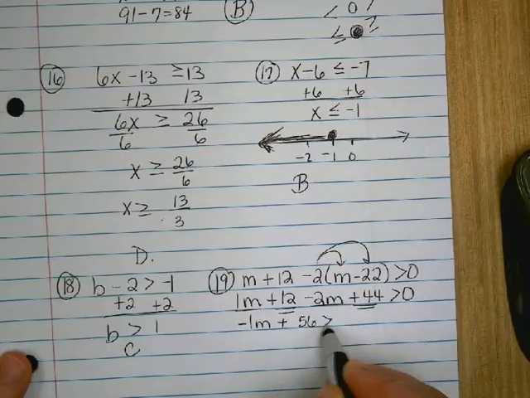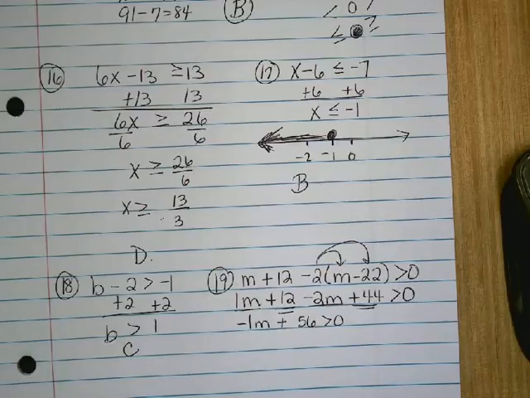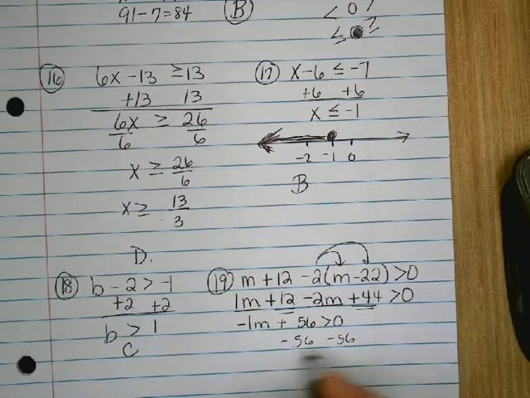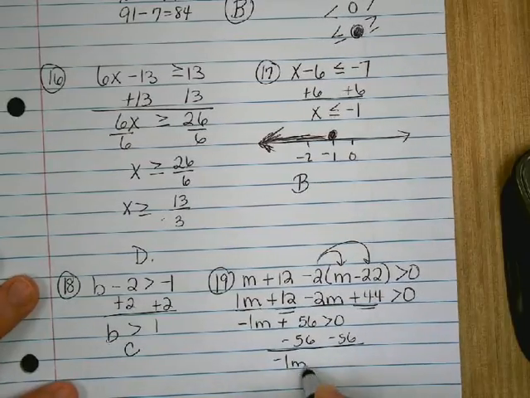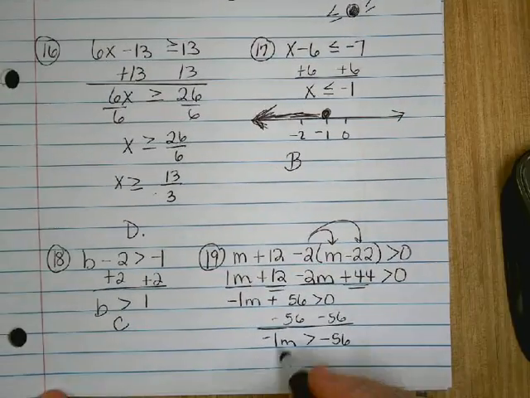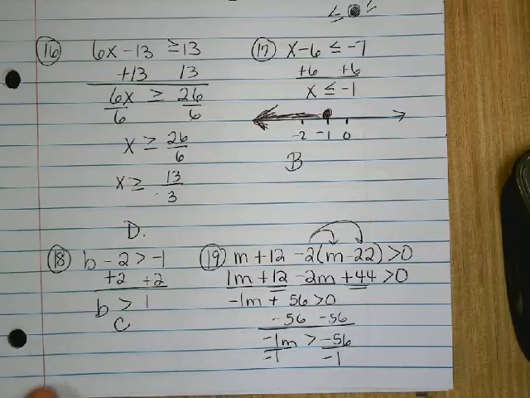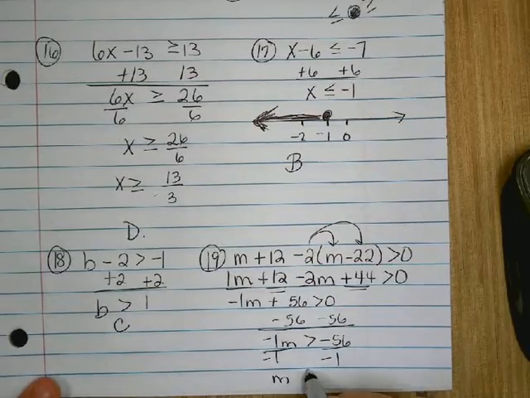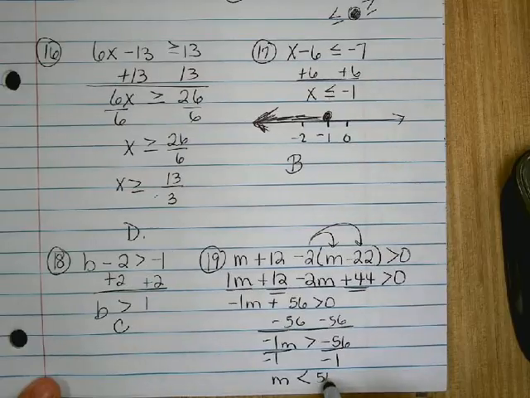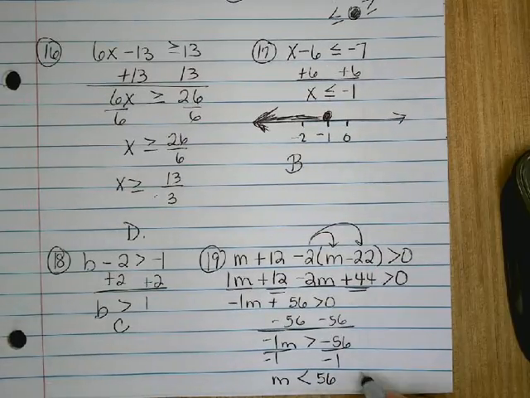It's greater than 0. What do you do next? Subtract 56. So it says negative 1M is greater than negative 56. What happens when you divide by a negative in an inequality? You have to change the direction. So it says M is less than 56, and that is answer choice A.